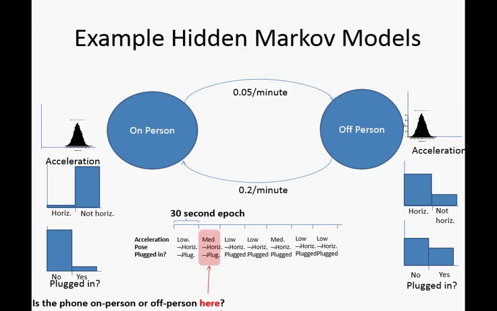Another factor is this IID assumption. If you are in the on-person state, the draws from acceleration are assumed to be independent and identically distributed. That might not seem so implausible, but this distribution is also assumed to be drawn from in an IID fashion, where each value drawn from it for each successive epoch is independent of the other, and that's a bit of a weak point here.